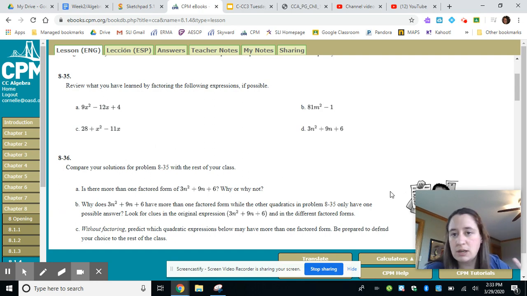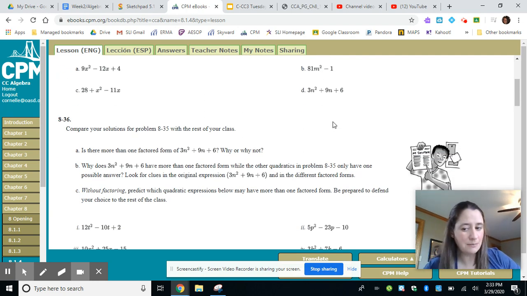And you would get to a point where you're like, all right, A, B, and C, we've got this. But then we would get to part D, and you would realize that maybe your team doesn't have the same answer as a team sitting next to you. We would have a discussion about why that is. And really, it comes down to this.